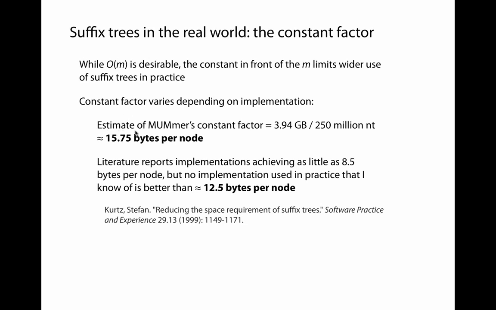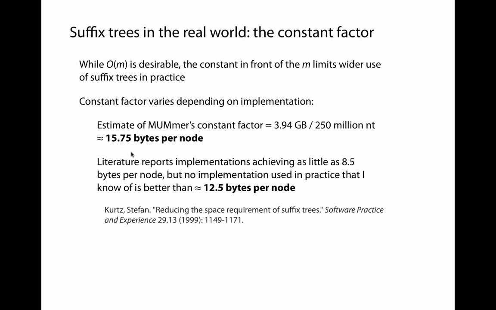So if we could estimate the Mummer constant factor, the thing that gets multiplied by m when we increase m, to determine the actual size of the data structure, it seems like it's about 15.75 bytes per node. So if we increase the size of the graph by one node, we add 15.75 bytes to that data structure.